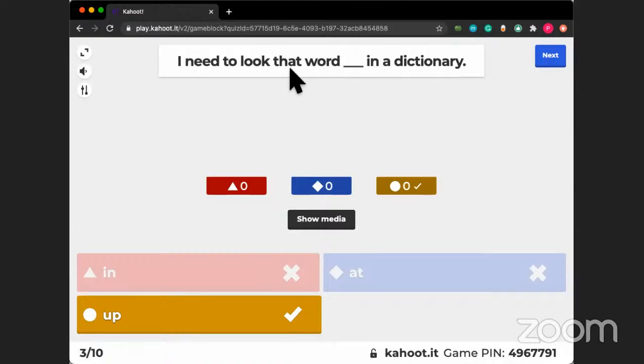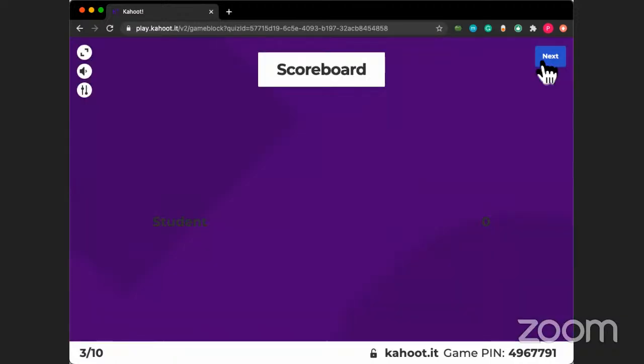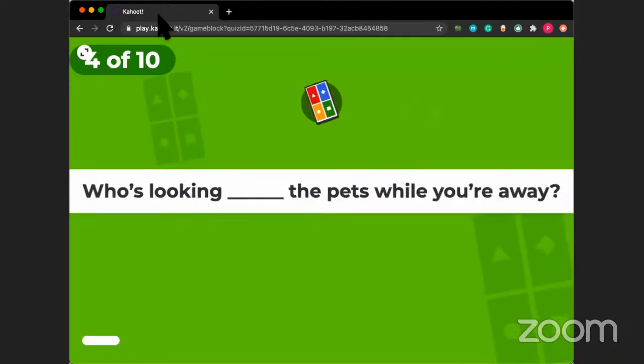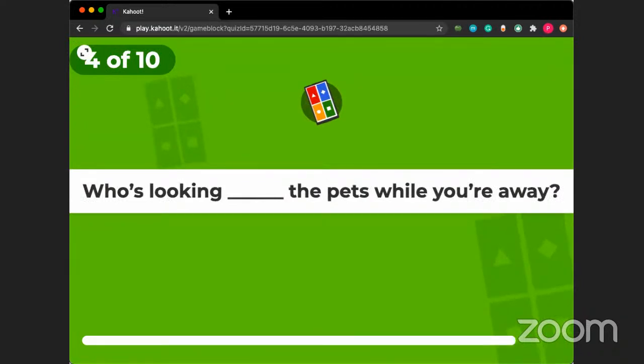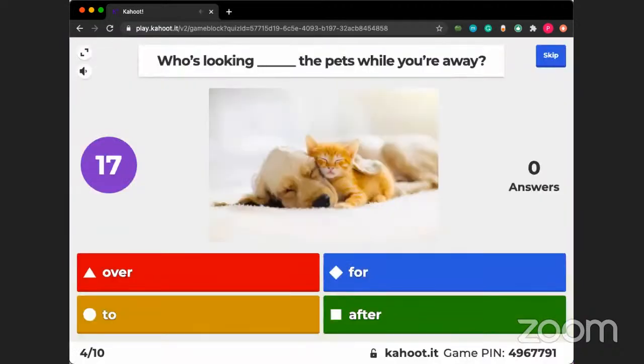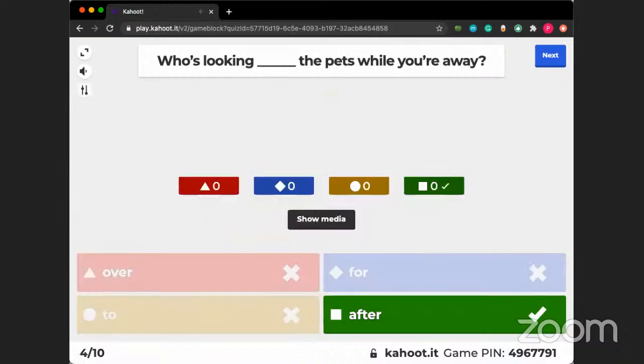So the phrasal verb here is look up. All right, who's looking up?